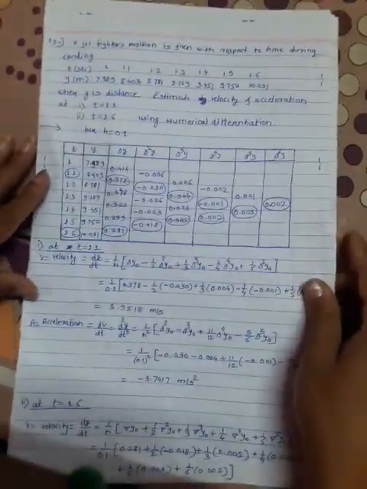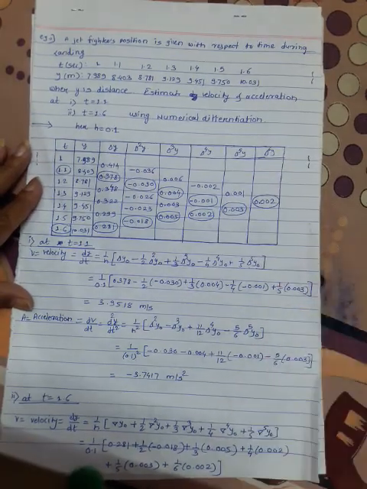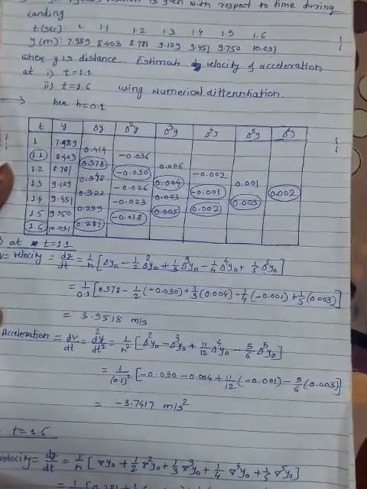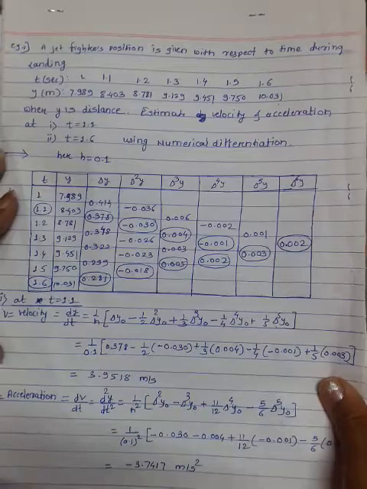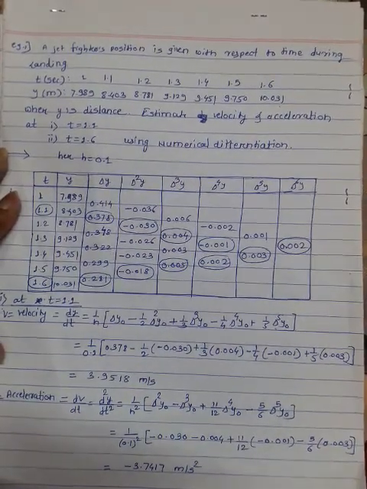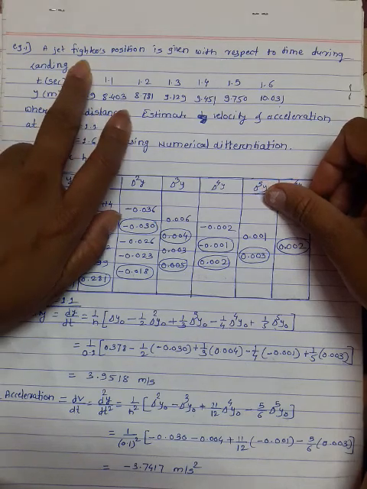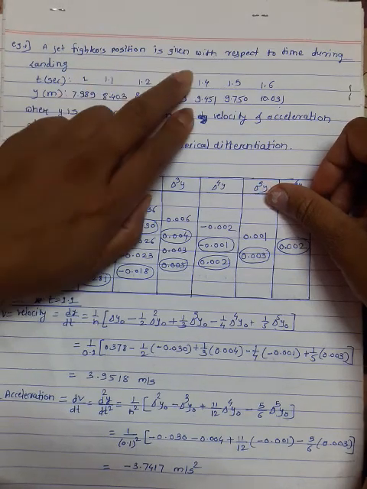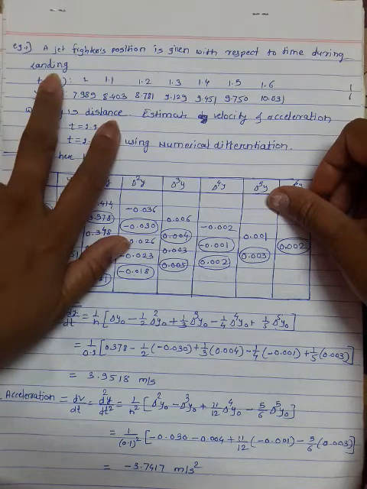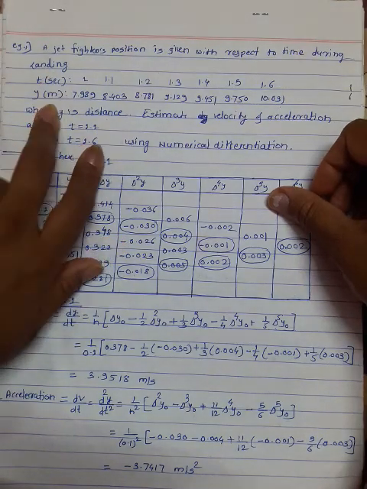First, a jet fighter's position during landing is given with respect to time by this table.